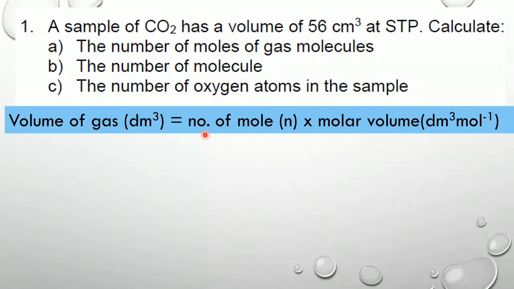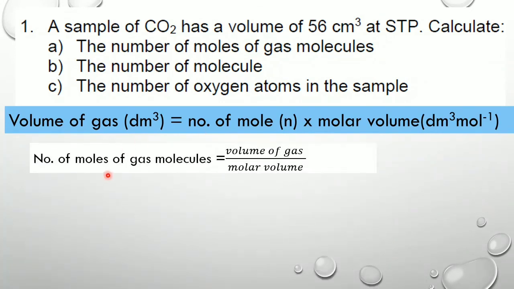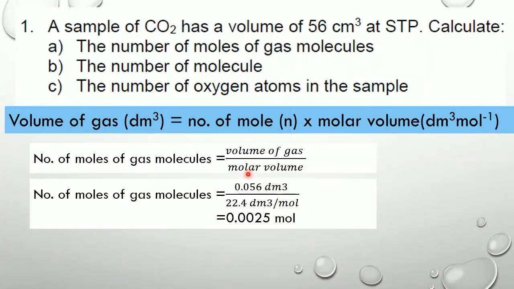So we can rearrange the formula, which is number of mole is equal to volume of gas divided by the molar volume, and substitute the information. The volume of gas we have converted into dm3, and divide by the molar volume, which is 22.4. So we will get that the mole of carbon dioxide gas is equal to 0.0025 mole.